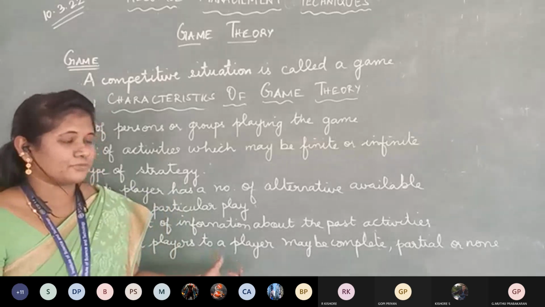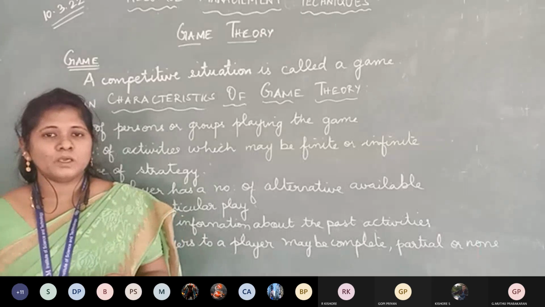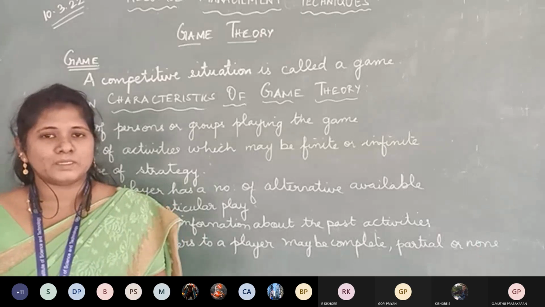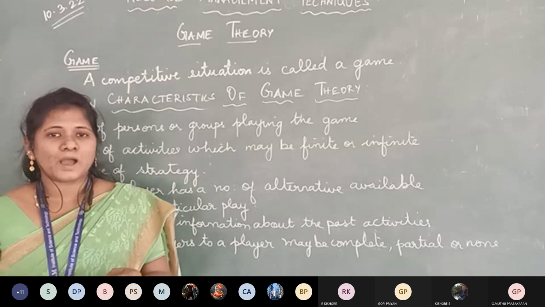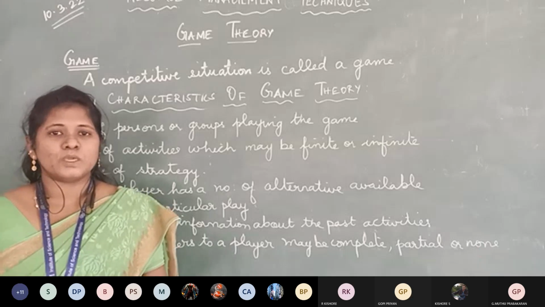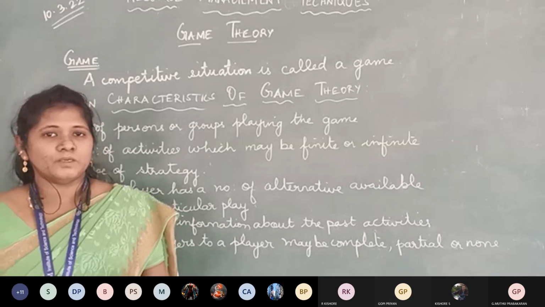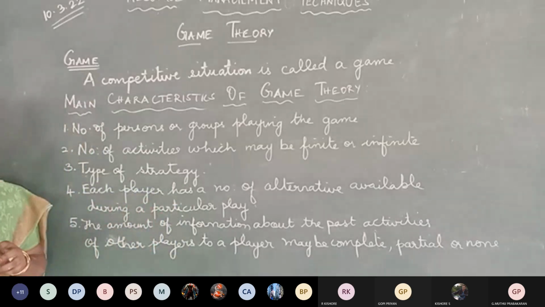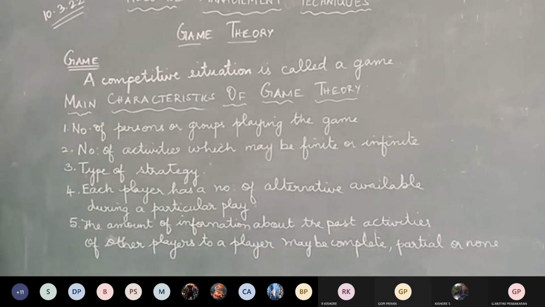So that is your last point, information. If you know the past activities, then you will be able to win that game. Otherwise you will lose 1 to 2 games and then start winning. So all these things are the characteristics of game theory. So write it down.